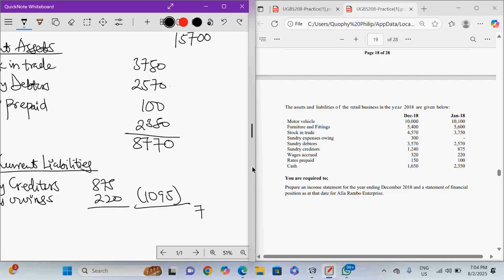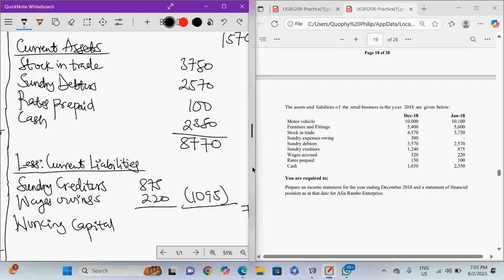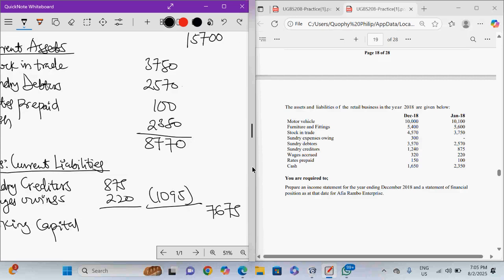So this is our working capital. Working capital is current asset minus current liability. You add the working capital to the non-current asset.